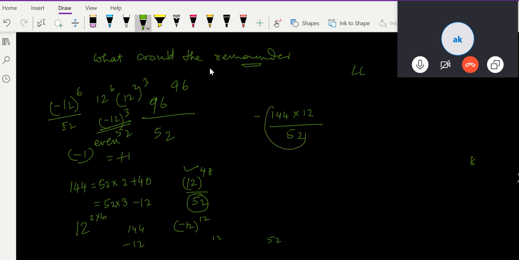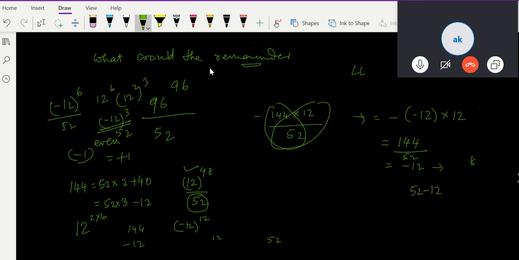That means 144 by 52 would be minus 12, so minus of minus 12 into 12, which is 144. That is minus 12. So minus 12 means 52 minus 12, which is 40. Correct?